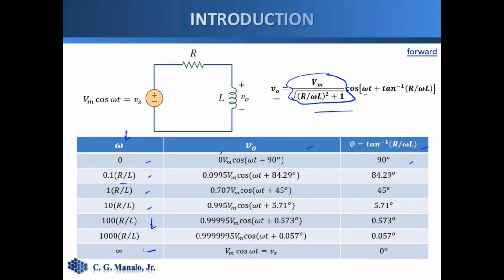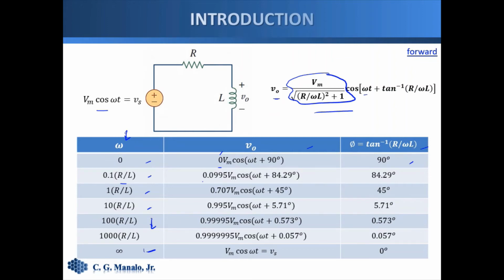So at omega equals 0, the input here is actually DC. That will give us no output, because we have a magnitude that is 0, although the phase angle is 90 degrees. Then we slightly increase omega to 10% of R over L.